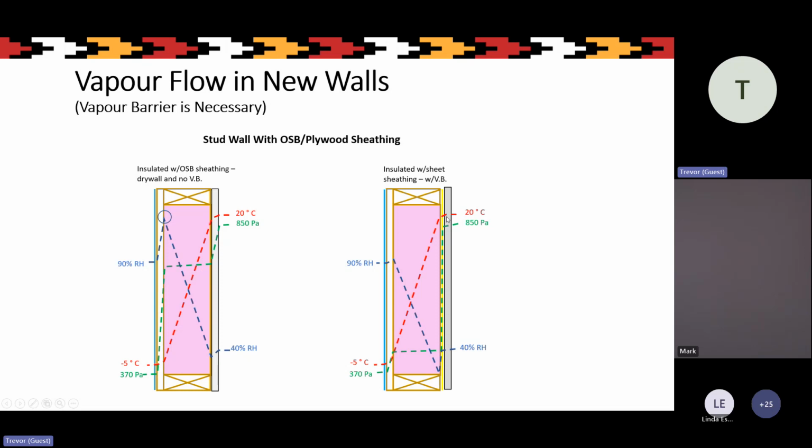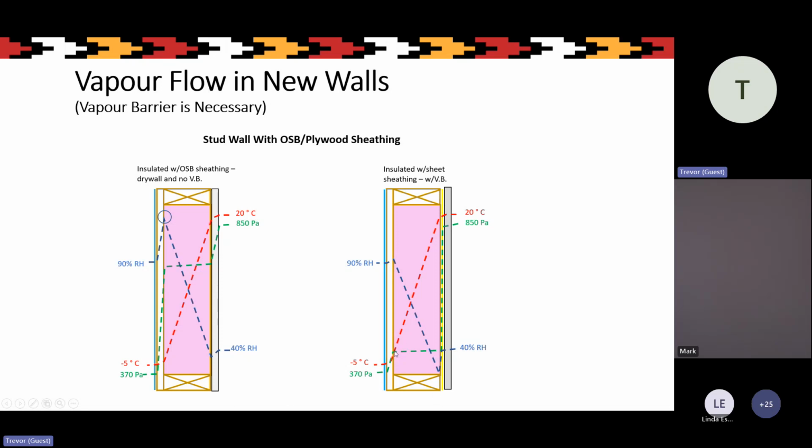And so by adding this vapor barrier layer, so that's this yellow line in this case, almost all of the vapor pressure drop occurs across the vapor retarder, or in this case, the poly vapor barrier.